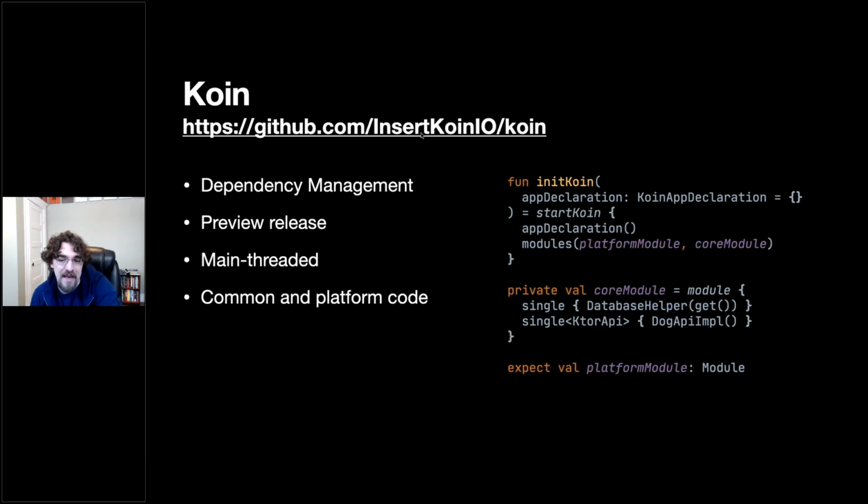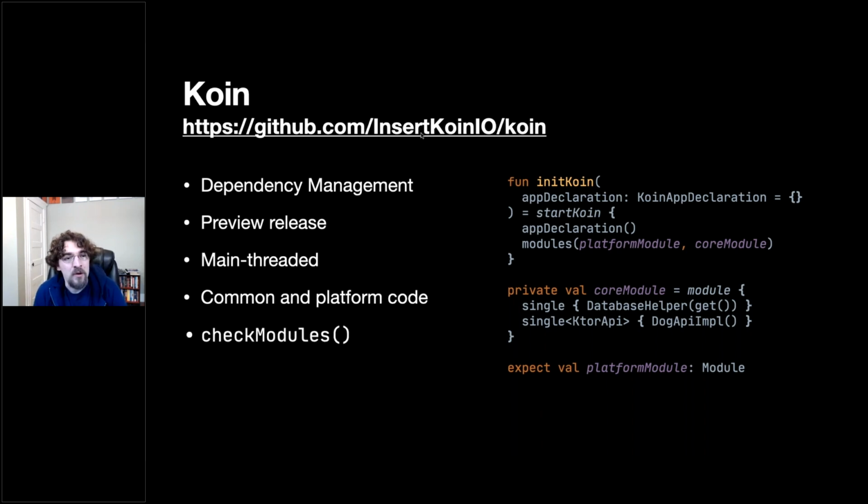We also have an expected platform module, which lets the platform code pass in platform specific dependencies that Koin needs to have access to. And then we also have this extra app declaration lambda, which lets not just the platform code of the shared library, but also the top level application pass dependencies in, and that lets us insert the Android application context into the Koin graph.